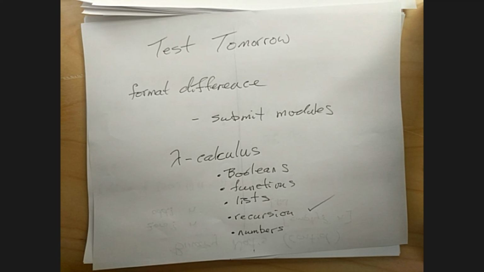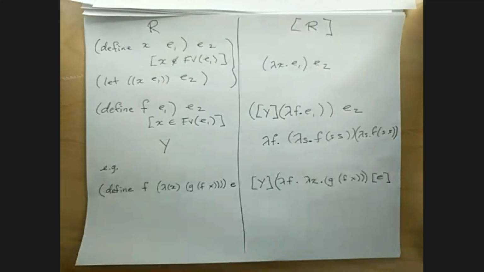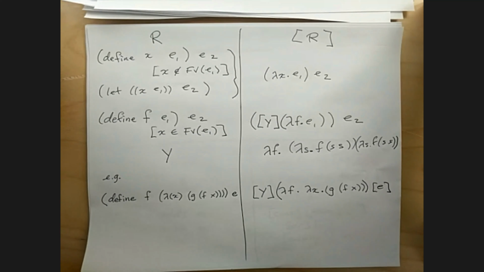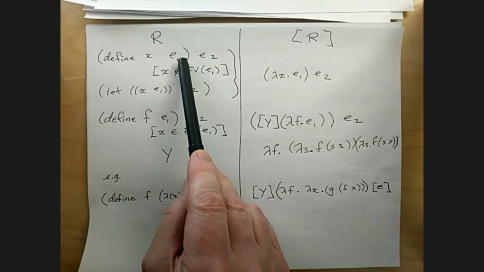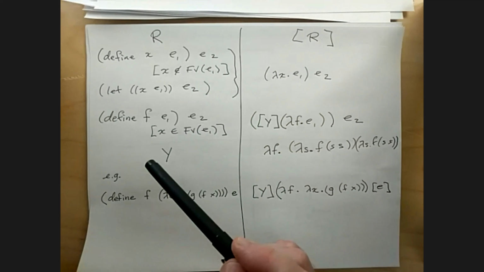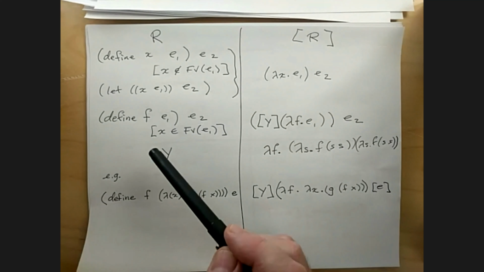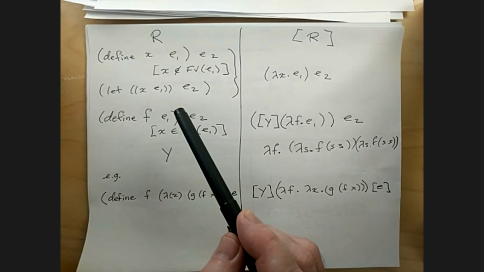All right, so recursion. Let me just start off with talking about define here. In Racket, you've got this define clause. In student Racket, you can only use define in the definitions window.